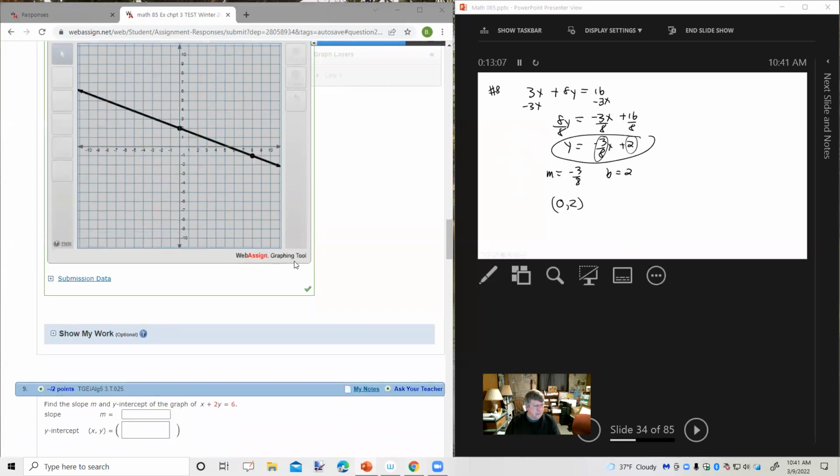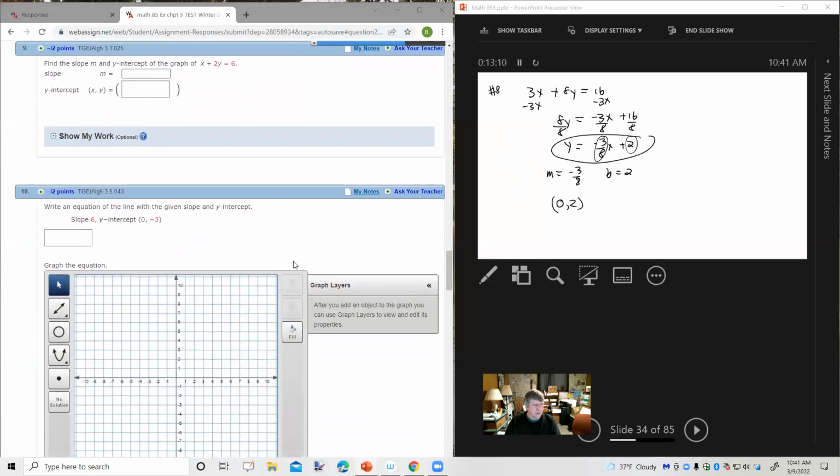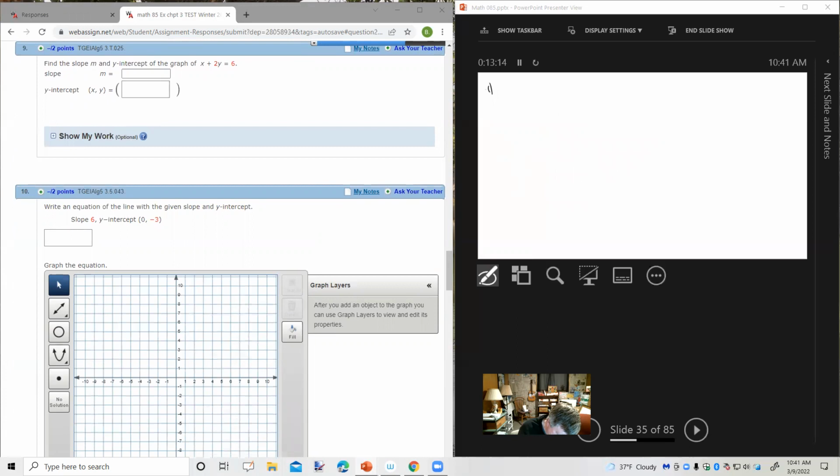Okay, here comes problem number 9. Find the slope m and y-intercept of the graph x plus 2y equals 6. So basically, we're going to put it in slope-intercept form again. We'll subtract x: 2y equals -x plus 6. Divide each thing by 2: y equals -1/2 x plus 3.